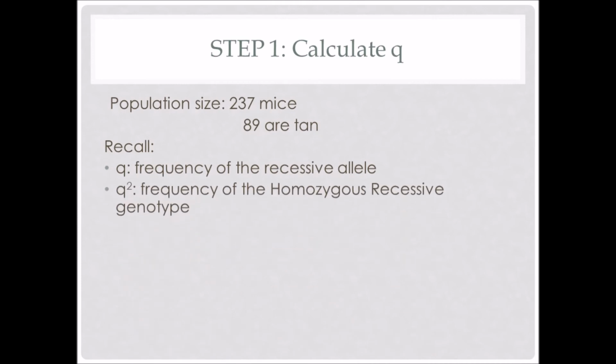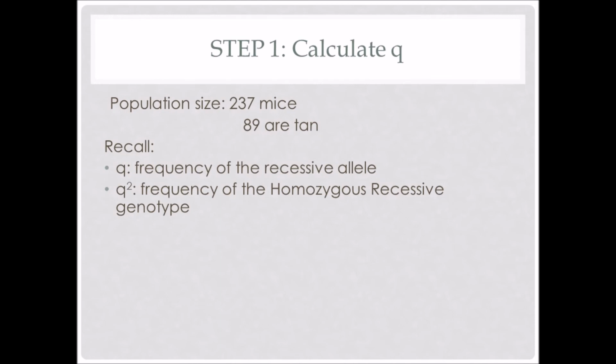Remember from before that Q stands for the frequency of the recessive allele, and Q squared stands for the frequency of the homozygous recessive genotype. Which of these two can you calculate with the information that you have?